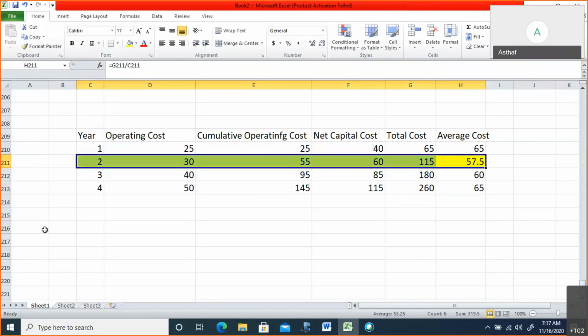See, it is 6 years. We have done only 2 years, but still we get the answer. How interesting.